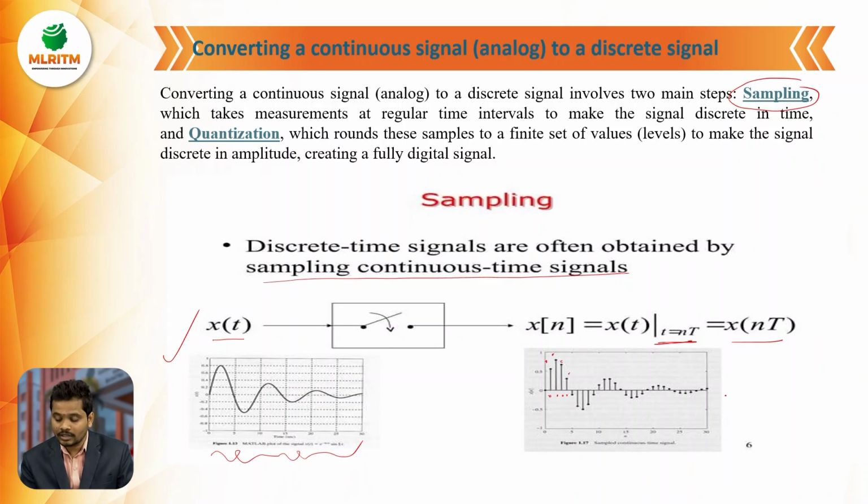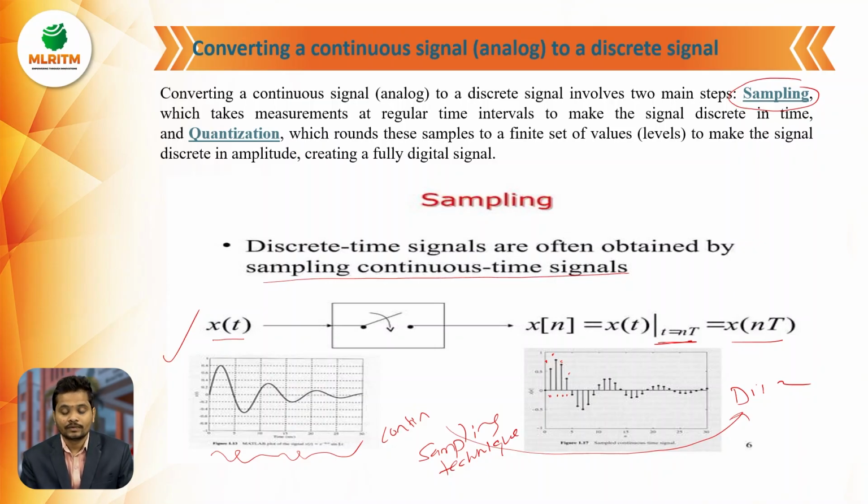That's why it is called a discrete signal, and this is called a continuous signal. So for converting the continuous signal, we use the sampling technique. This is the main technique used for converting a continuous signal into a discrete signal.